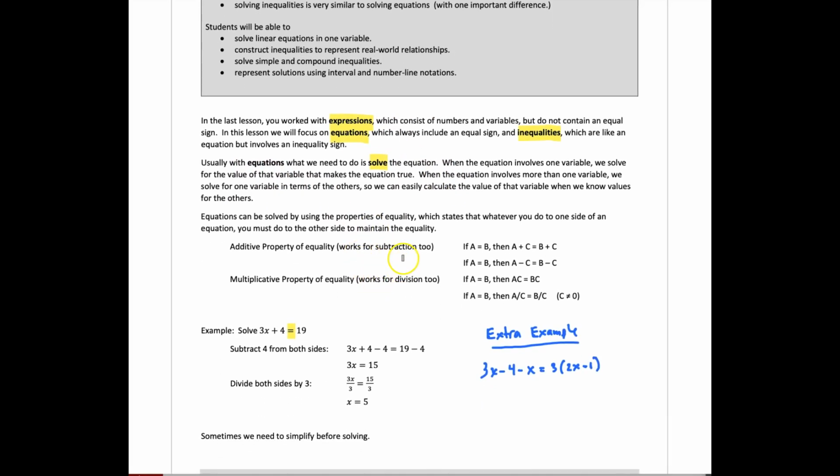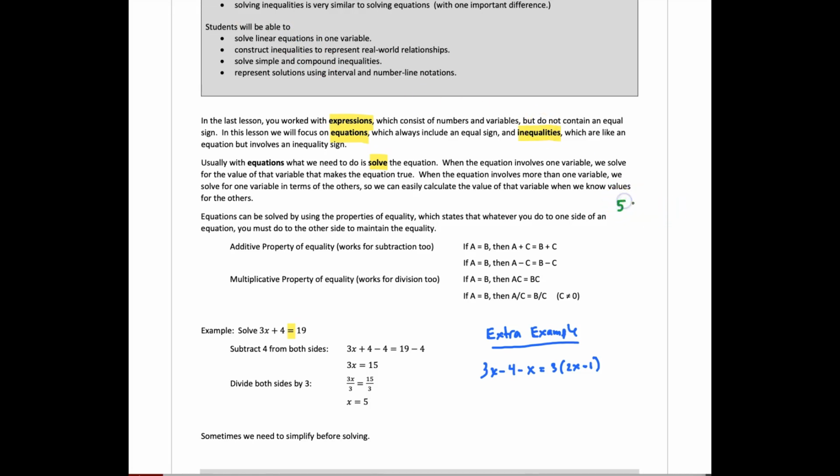There are two basic rules. We look at the additive property, and it works for subtraction, and then multiplicative, which works for division. If you have a number equal to a number or some value, and you add the same number, it does not change the fact that the two are equal to each other. I just want to do one simple demonstration of that.